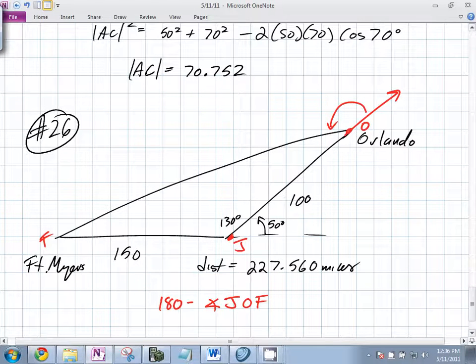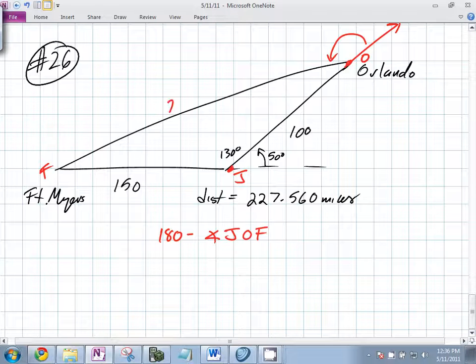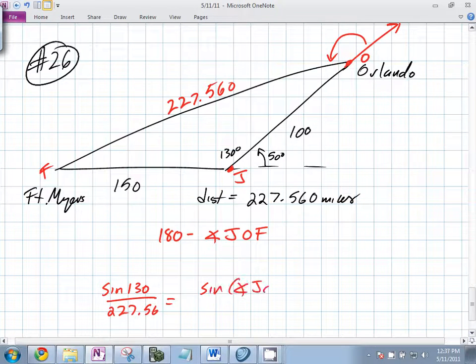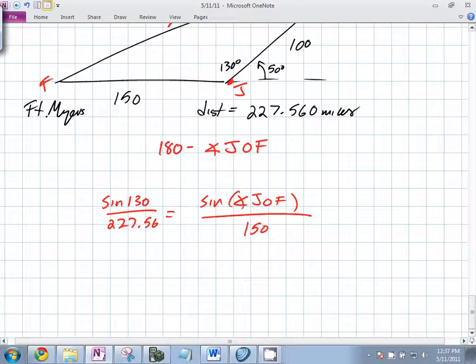So now that we have 227.560, what rule can we use now? What law? Yeah, so you know that sine of 130 over 227.56 is equal to the sine of JOF over 150. Does anybody have angle JOF?